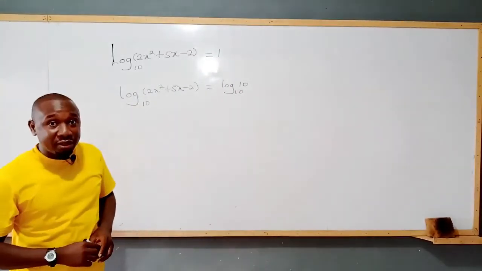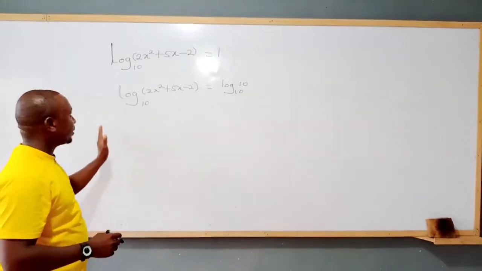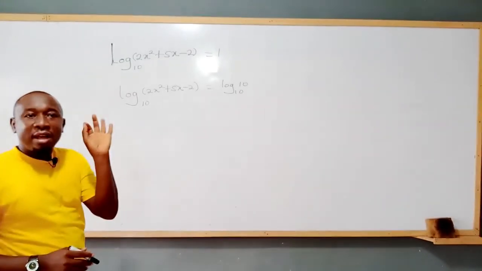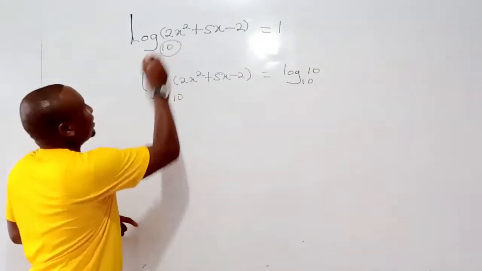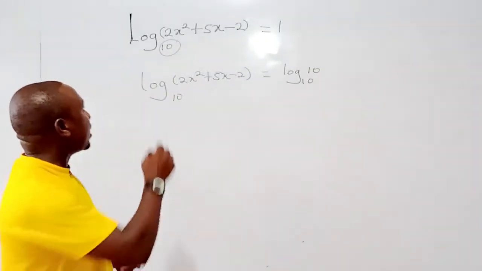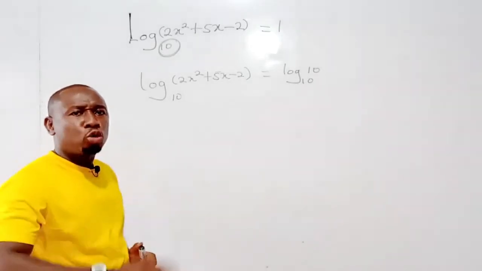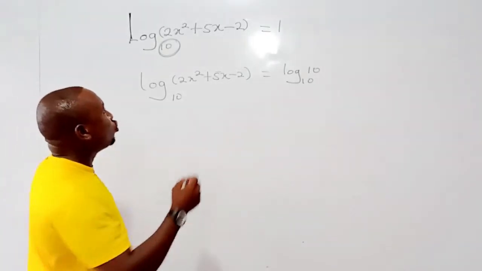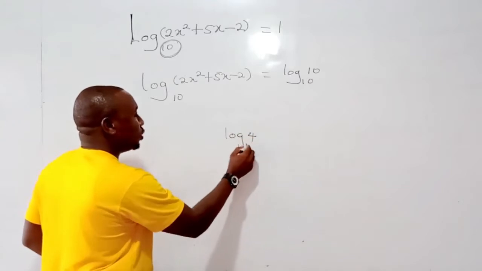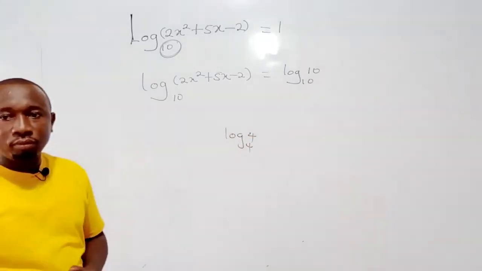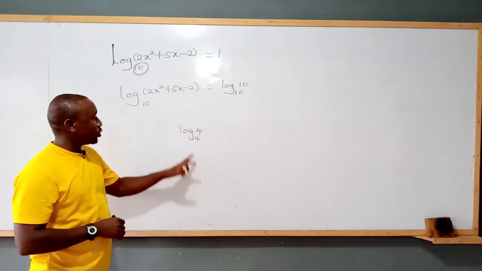The reason for doing that is, when you look at the left hand side, the expression over there has base 10. The expression here has base 10. So it will be out of order to write 1 as log 4 to the base 4.